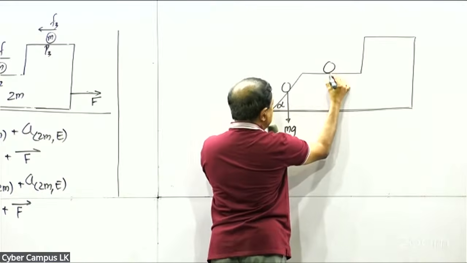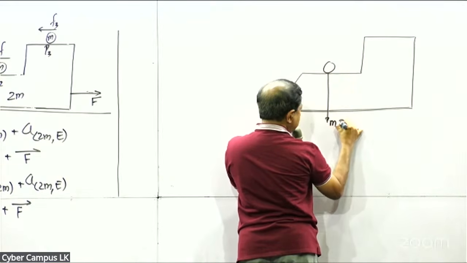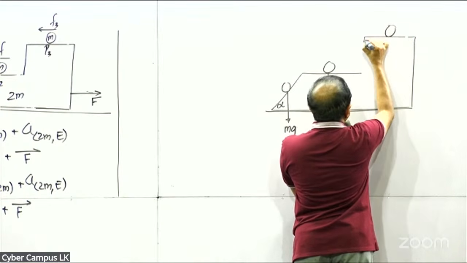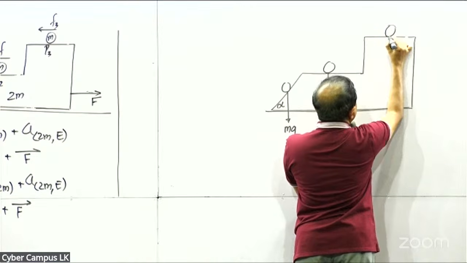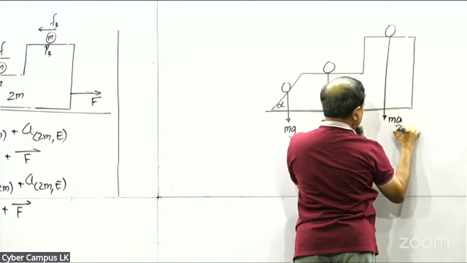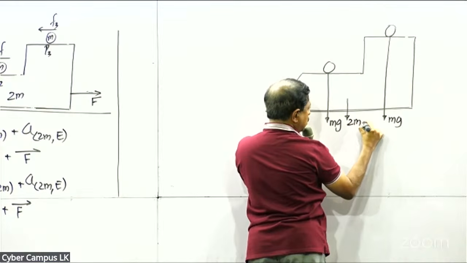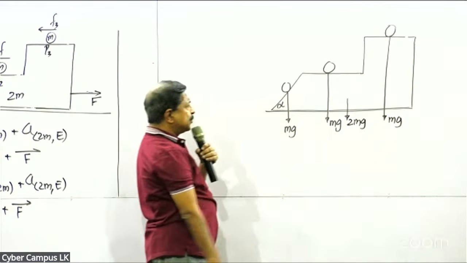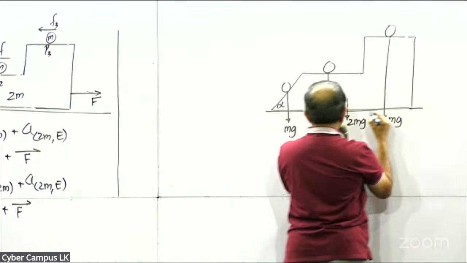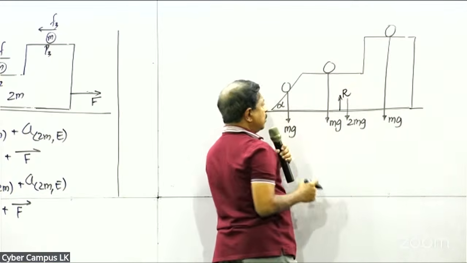If you mark them up there, mg. Now this is the weight of the wedge. Then there's a reaction between the table and the wedge. I'll take it as R.